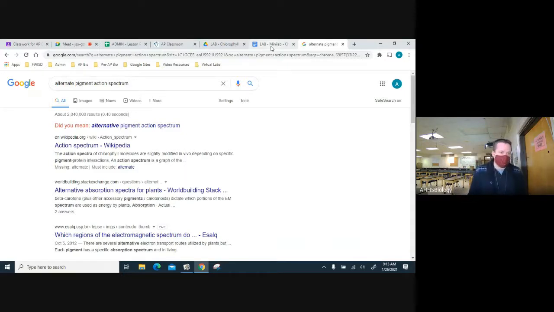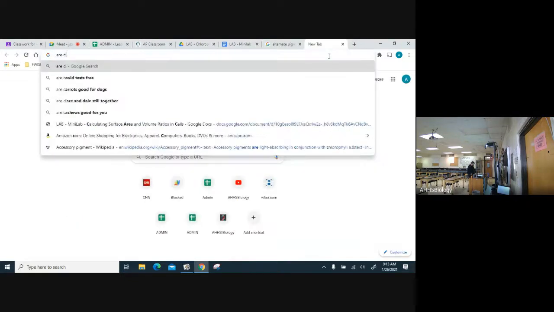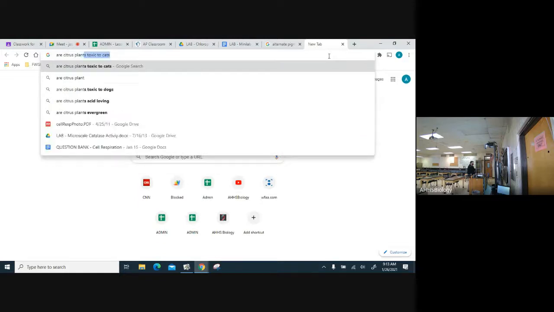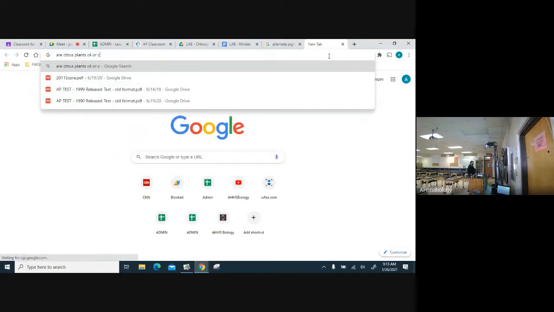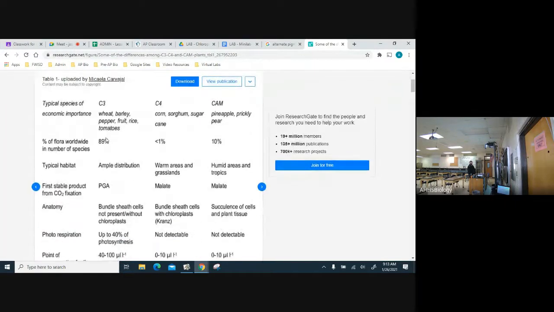Although I see, let me look this one up here as well, because our citrus plants see. Okay, so C3 are normal photosynthesis plants, right? That's wheat, barley, peppers, fruit, rice, and tomatoes.